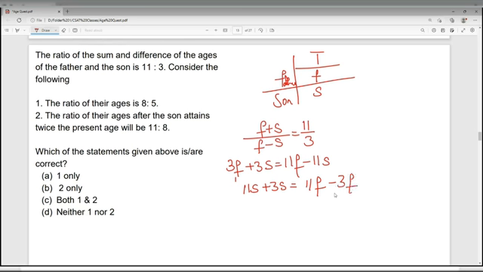F goes there, it becomes negative, and this becomes positive. This is 14s.